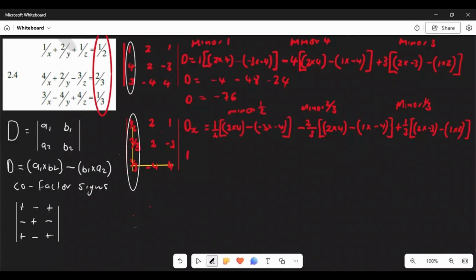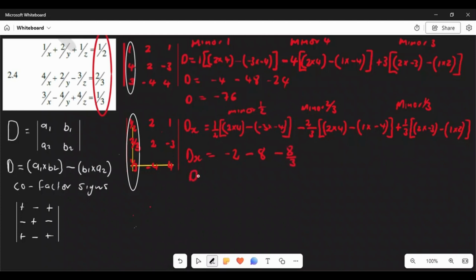Now if you put this on a calculator, remember you must try to write it, guys, differently. Okay, let's get the answer for the first minor, which is going to be -2. The answer for the second minor, which is 2/3, is going to be -8, and the last one is -8/3.